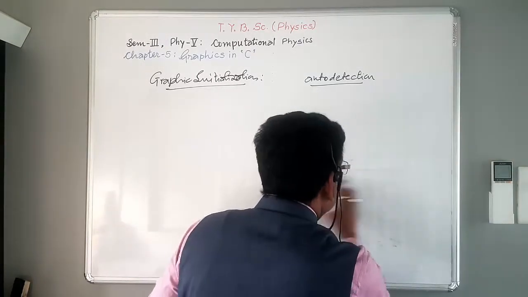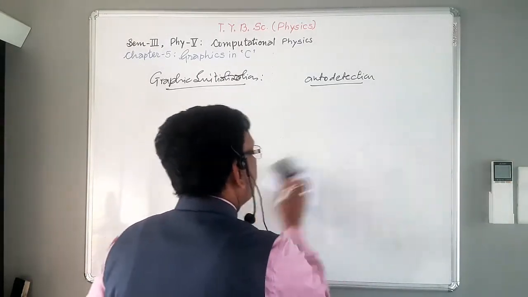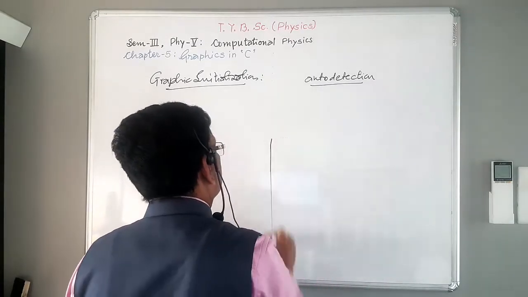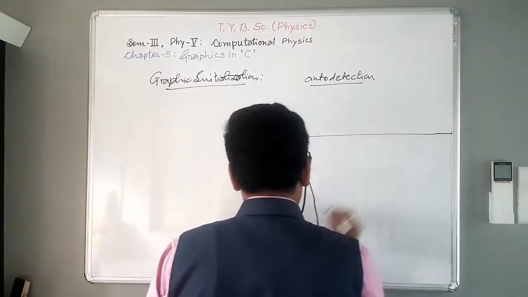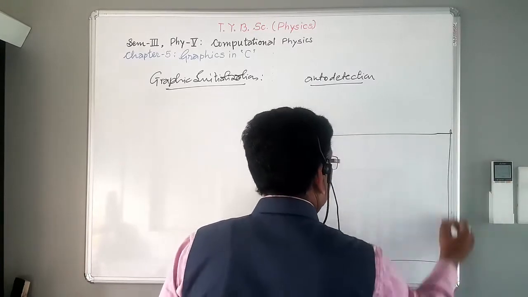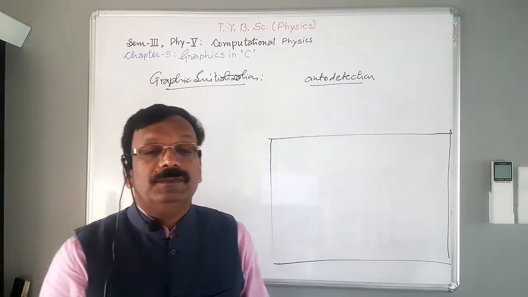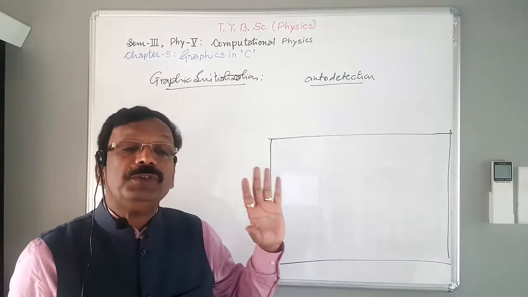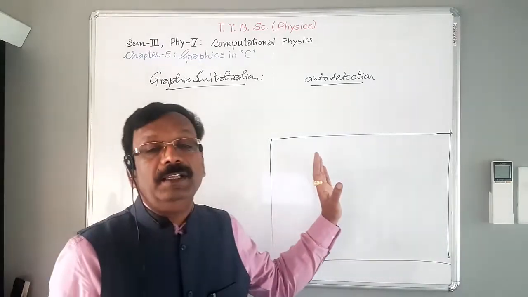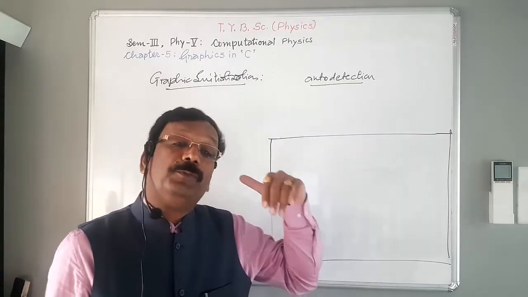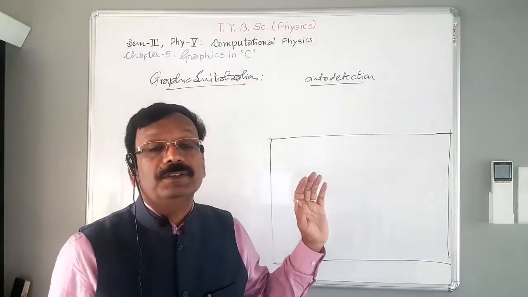Like this, if we consider a computer screen, suppose this is a computer screen, we should know the configuration, or we should have the proper understanding and manipulation of the graphics.